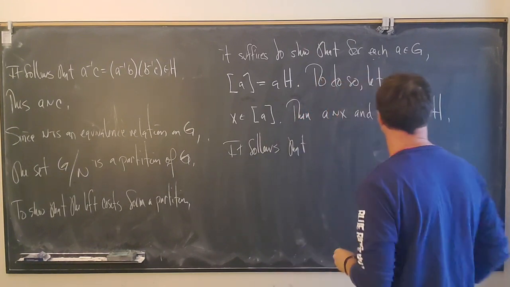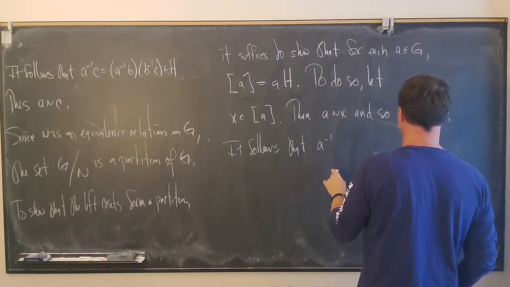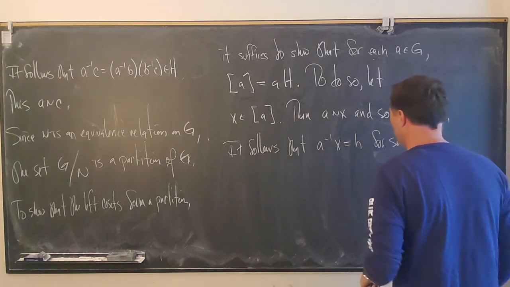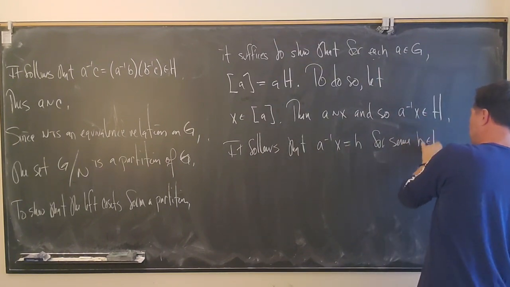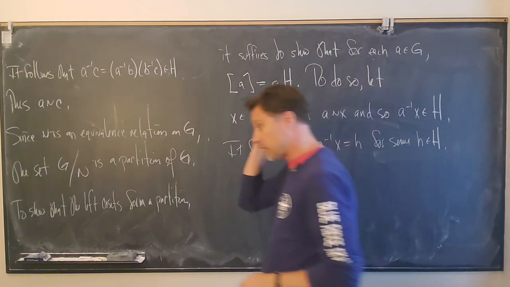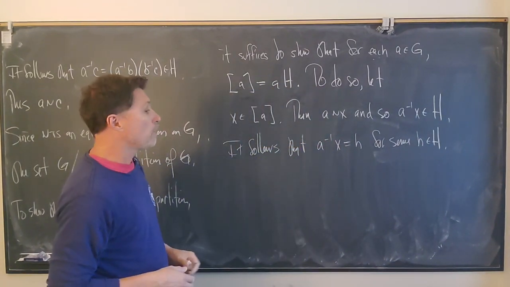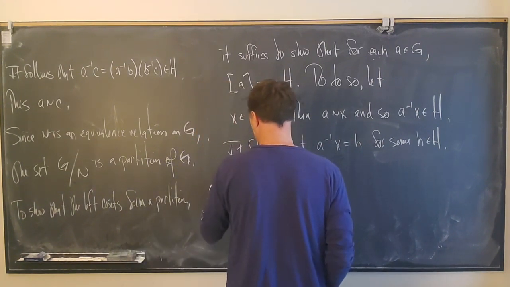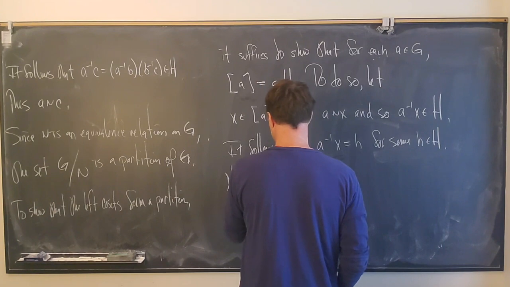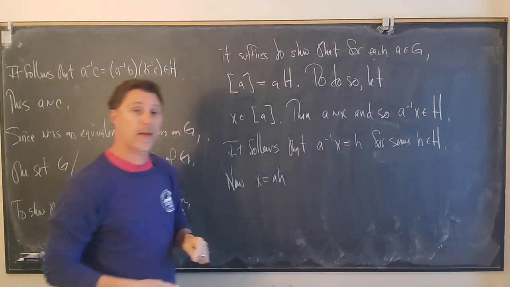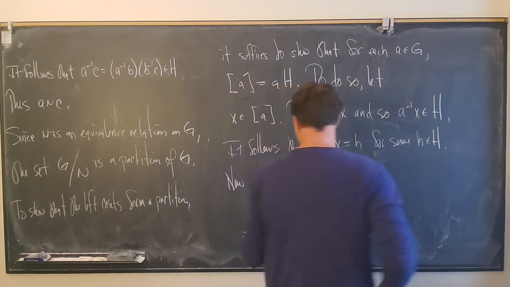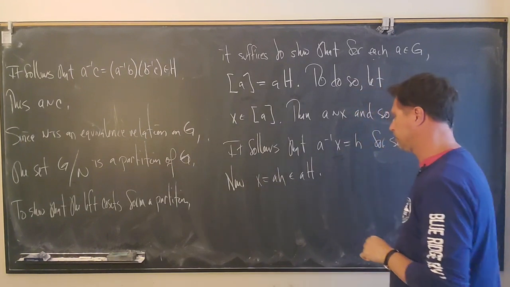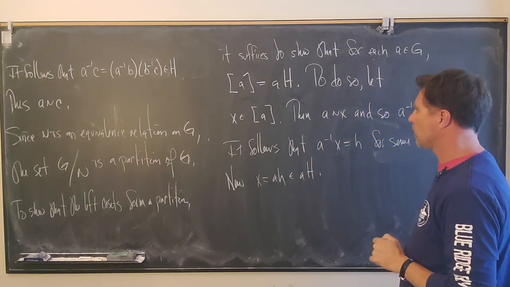So it follows that A inverse X is equal to little h for some little h in capital H. And now hopefully you can see what I'm going to do. By multiplying both sides of this equation by little a, now X is equal to A times h, which is an element of the left coset A times H. So what did we do?